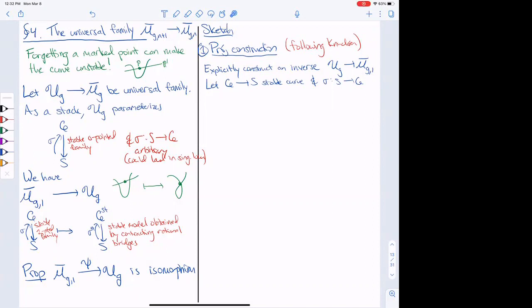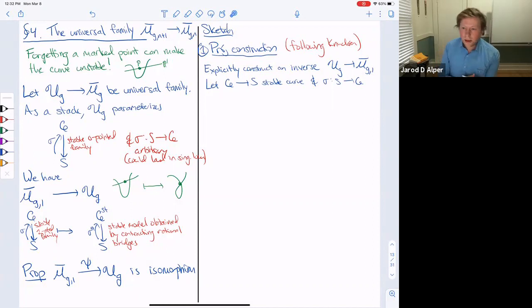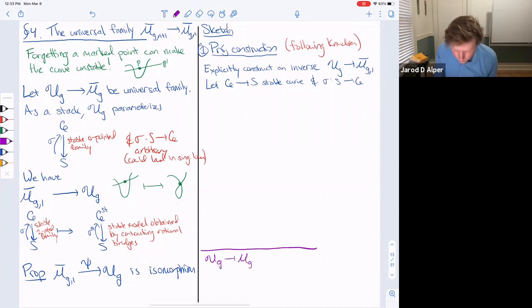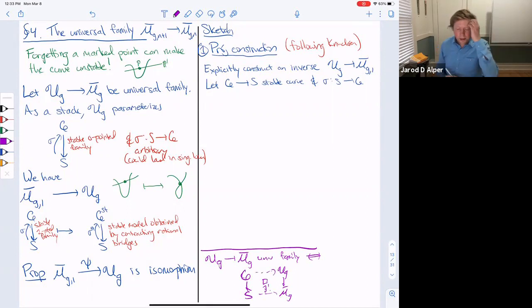Question: what is the definition of universal family? The definition is that M_g bar universal family means that given any other family of curves C over S, there exists a unique map to M_g bar such that your family is the pullback of the given universal family.